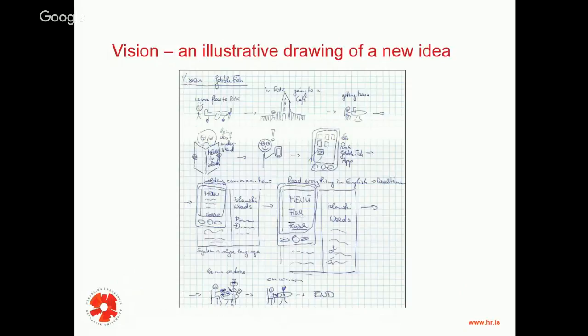You just put your phone over the menu and you get the translation right away. So you'll get your wine and you're happy. It's a little bit like a cartoon of how you use the system.